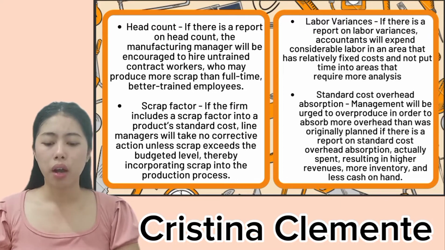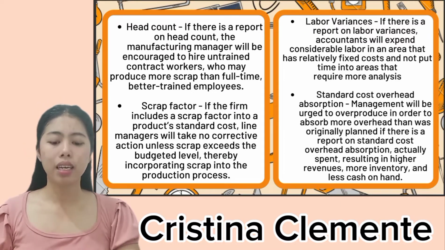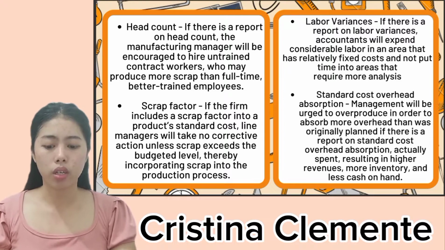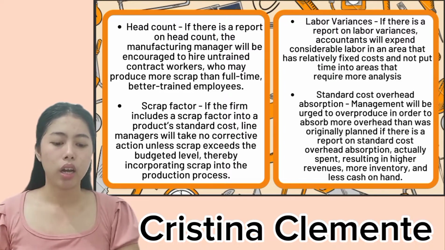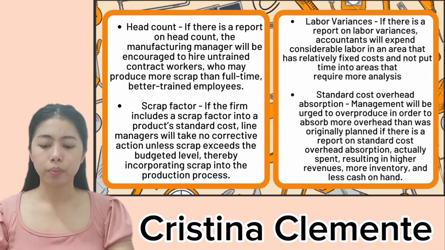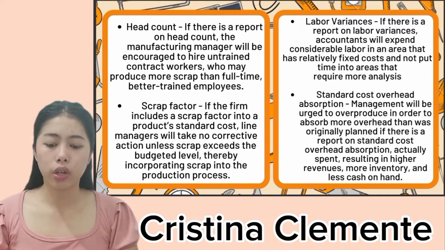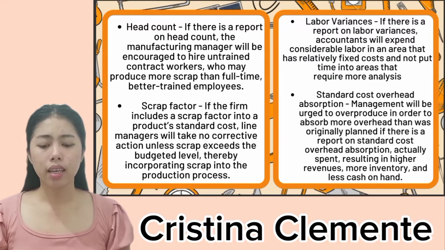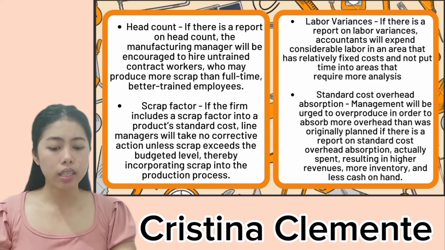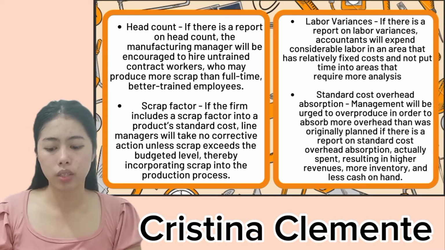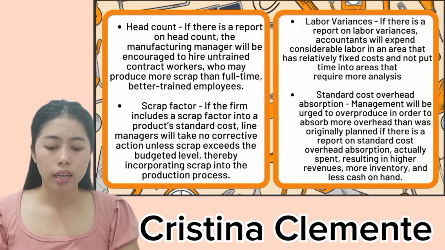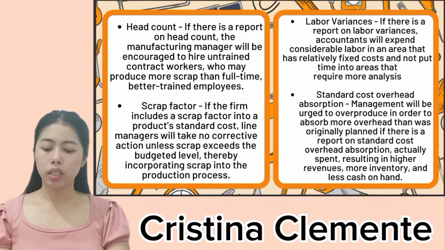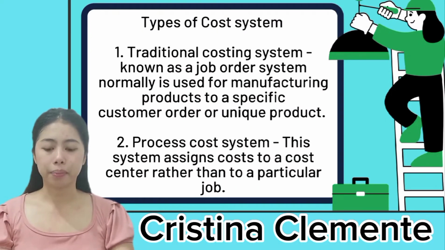Next is labor variances, meaning it happens when the predicted or budgeted quantity of labor cost is either lower than planned or more than estimated. Next is standard cost overhead absorption, meaning it is a managerial accounting technique for recording all expenses related to producing a specific product.